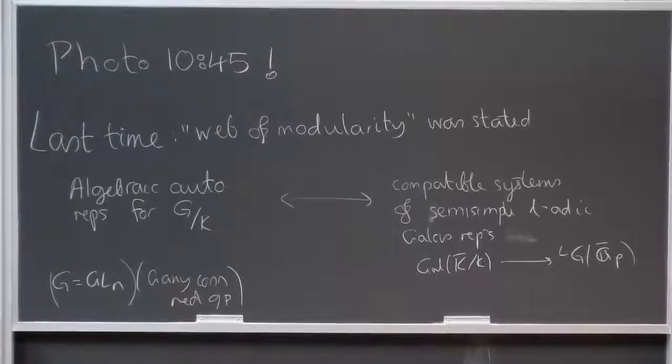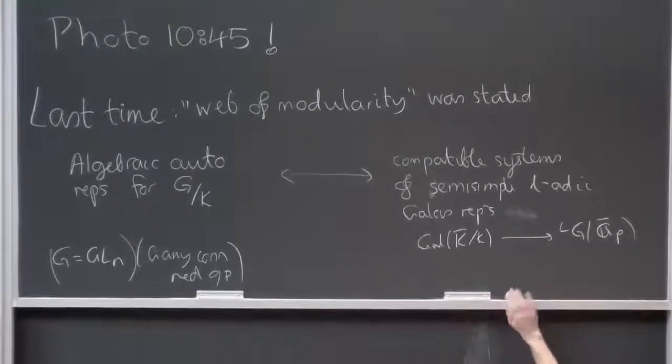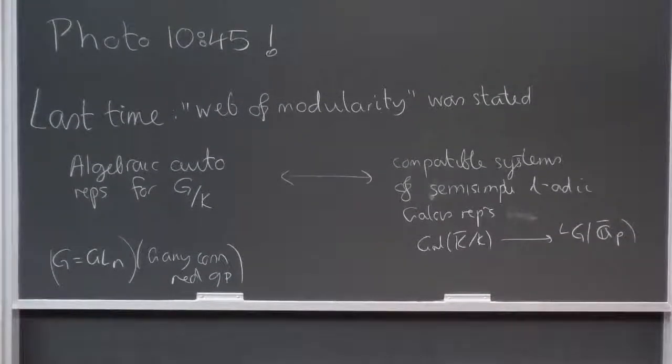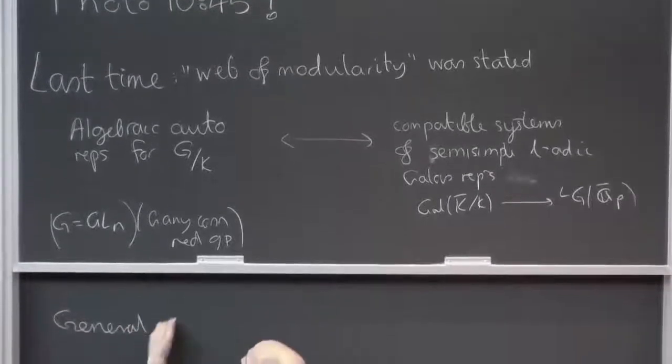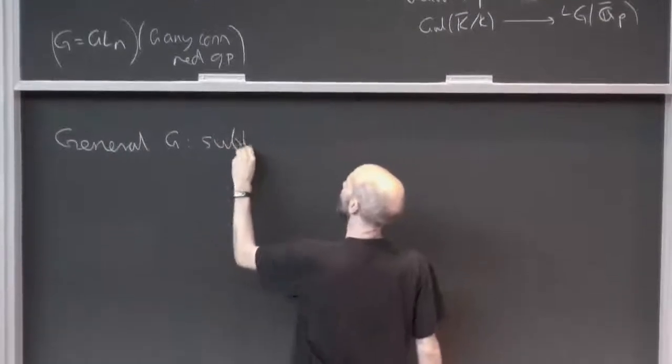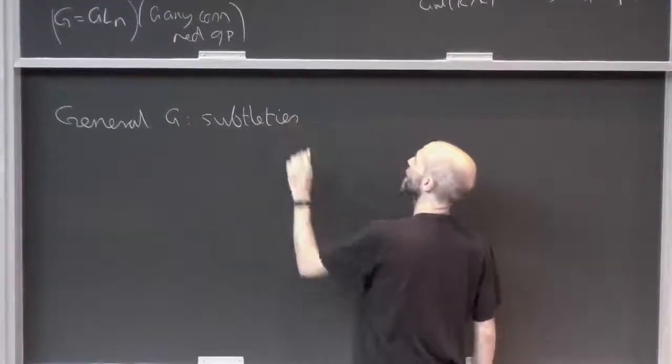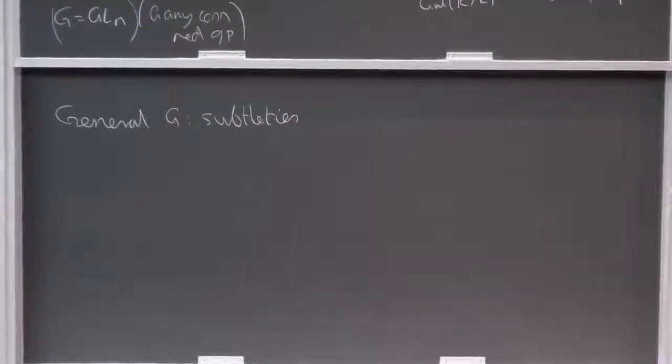For a general G there are all sorts of subtleties. I've never written on this board before. I'm not going to start now. I really want to not worry about these, so this is why this is 10 minutes on general G. Forgive me.